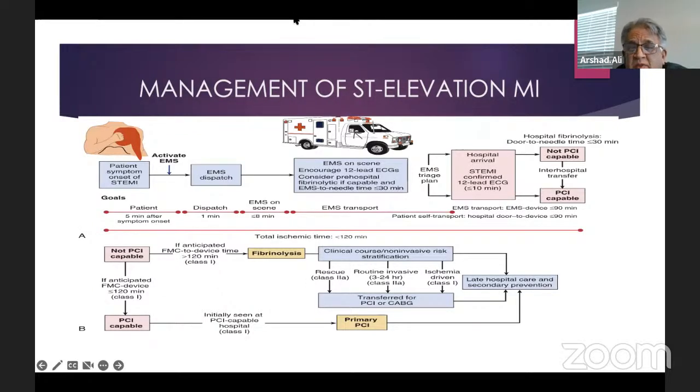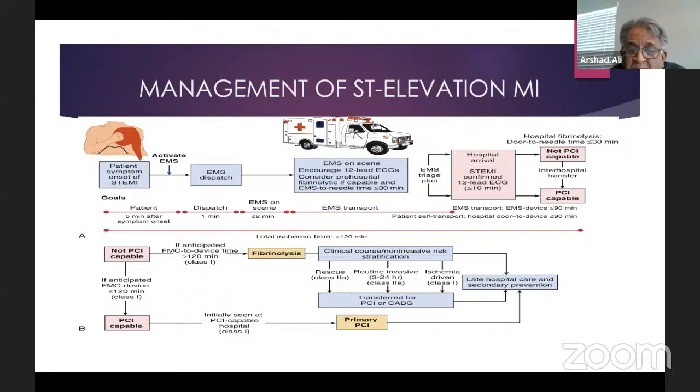The management of ST elevation MI in a lot of countries like the United States is a big deal. This is one of the things that is observed and managed through federal government and local government initiatives, and everyone is actually held accountable in every case.